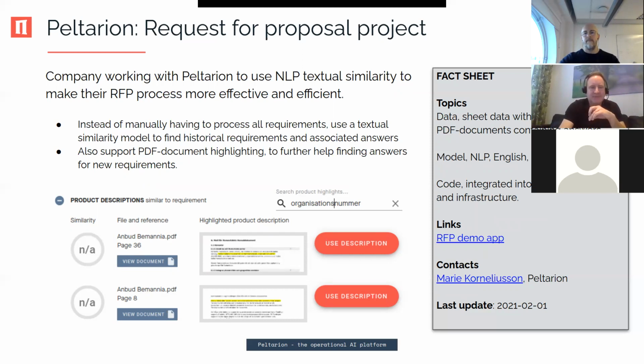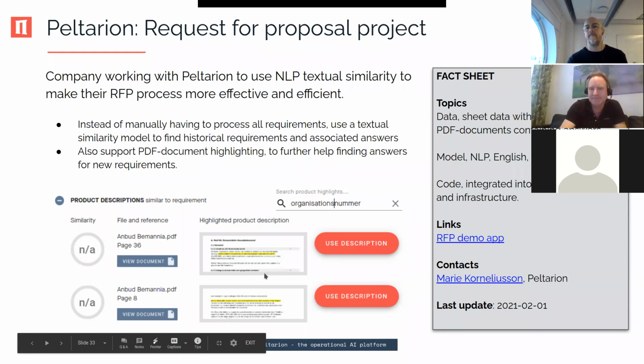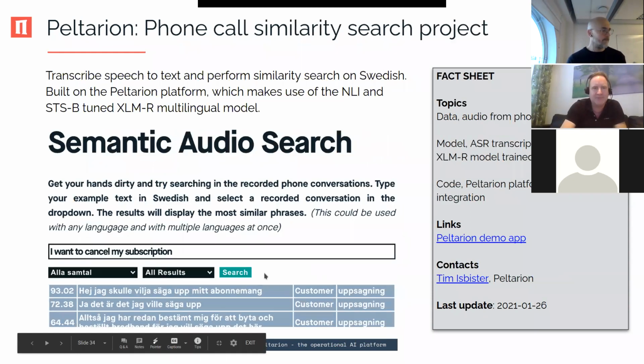Instead of manually going through all the requirements, an AI simply suggests, this was very similar to a historical RFP, so you should answer in the same way as before. In addition, you can try to find answers in large product description documents. You can search through them using these BERT-based techniques, semantically understanding the text and highlighting an area in the PDF where a potential answer exists. You see a screenshot of how that works here, and also some links and contact information.